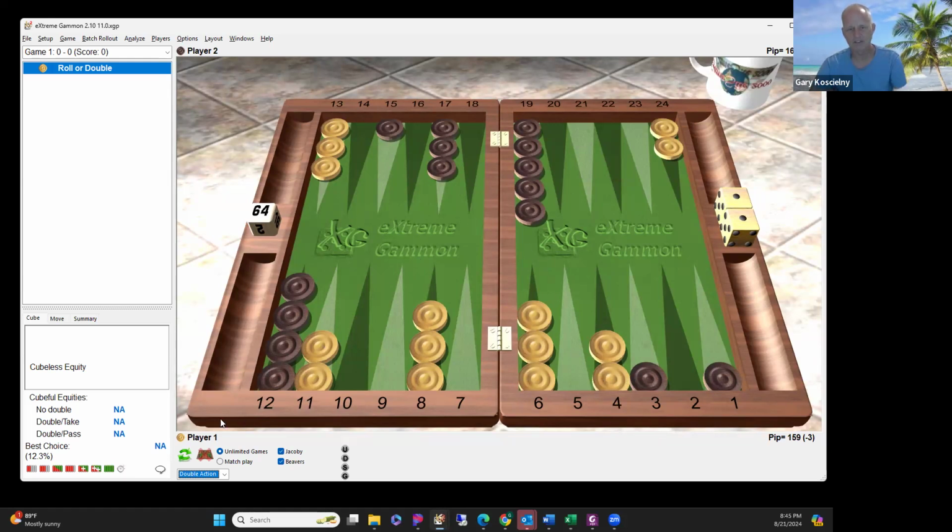Certainly we have the advantage, but it's not enough for a double. Now if we went through the pressure system, we would look at 0 for race, half for board, half for threats, and 0.2 for gammon potential. We're at 1, gammon 1.2, 1.3. Again, below the 2 threshold, so no double here.